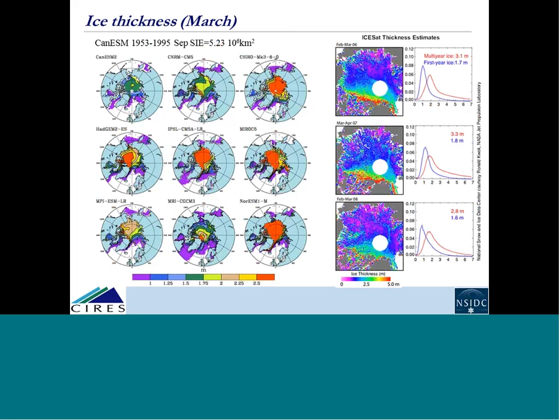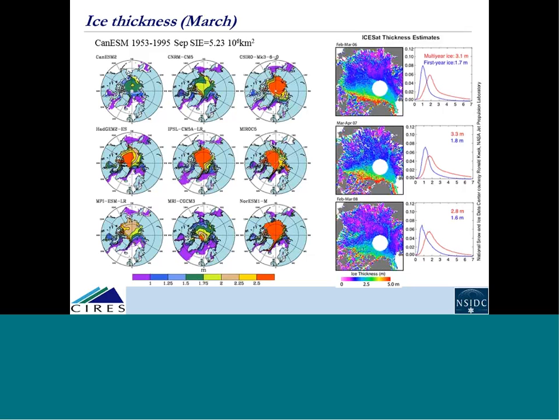If we look at the March extent here, I've got a subset of models, and we're comparing this with the spatial distribution of thicknesses from ICESat for three years, February, March, 06, 07, 08. The take-home here is that none of the models we show here really capture the spatial distribution of sea ice thickness.